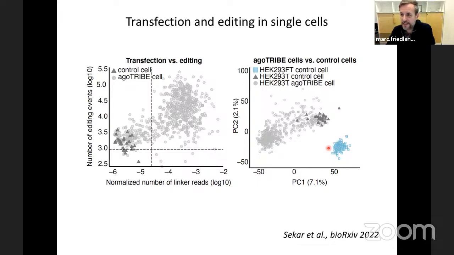So it's basically still hex cells, but these are fast growing, so like a different batch. And you can see that they group separately from the rest here. So suggesting that, yes, we do see some differences because of agoTRIBE, but they're comparable to the difference between two similar strains of hex cells, so quite subtle.